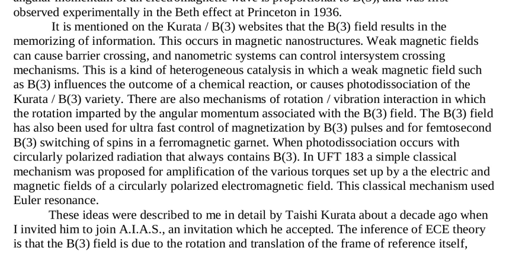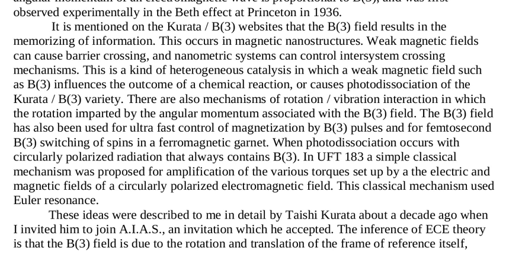There are also mechanisms of rotation, vibration, interaction, in which the rotation imparted by the angular momentum associated with the B3 interacts with the vibration. The B3 field has also been used for ultra-fast control of magnetization by B3 pulses and for femtosecond B3 switching of spins in a ferromagnetic garnet.